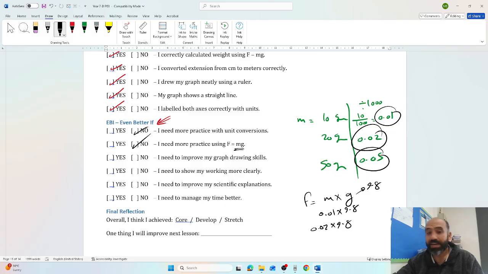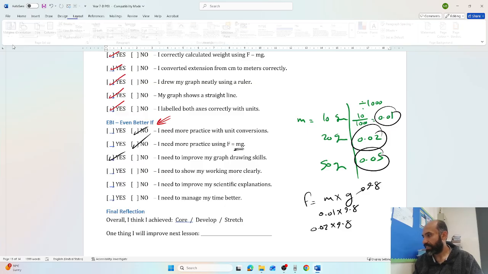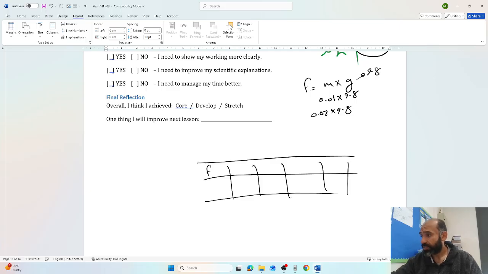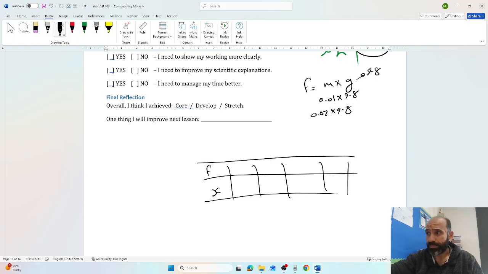I need to improve my graph skills. Maybe you are not satisfied with the graph that you just drew, so you need to have more practice. So in this case, how can you do this? You can just draw a table and you will add force and extension.